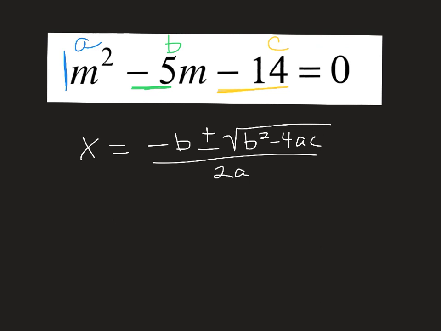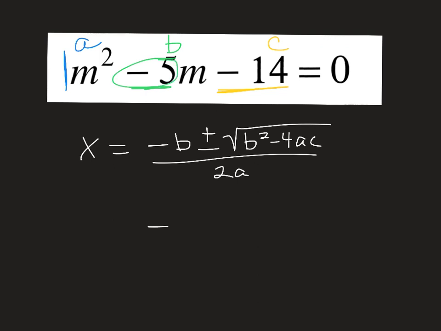Next up, we need to take that A, B, and C and sub it into the formula. Please take a moment and try that yourself and restart the video in just a second. So I notice here, as I'm starting to substitute, that the formula is the opposite of B, and that B is a negative 5.